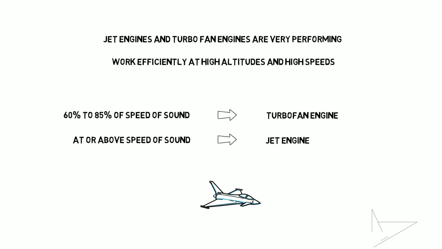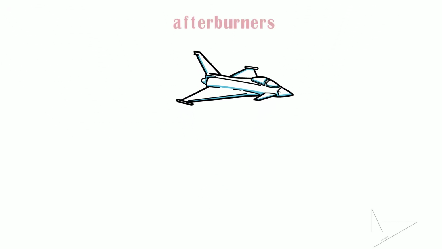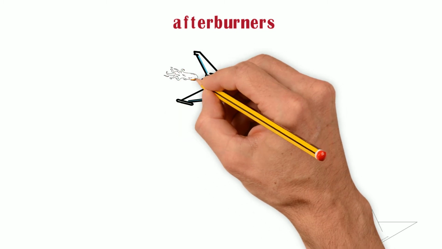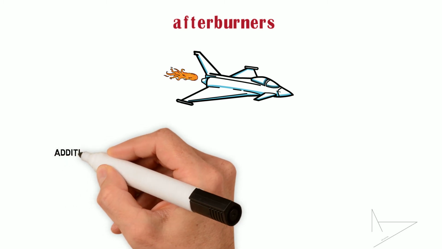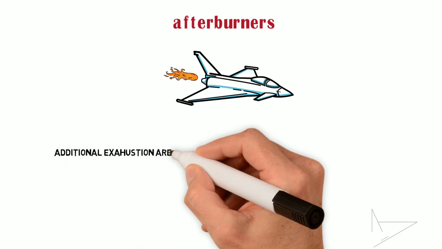Since I have mentioned fighter jets, I will briefly discuss the use of afterburners. If you're wondering what they are, just think of the typical military aircraft with fire coming out of its rear end when taking off. And no, it's not because they use extra spicy fuel. Anyway, getting back to the afterburners, they're simply an additional exhaustion area at the end of the engine.